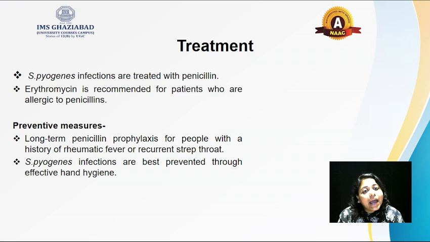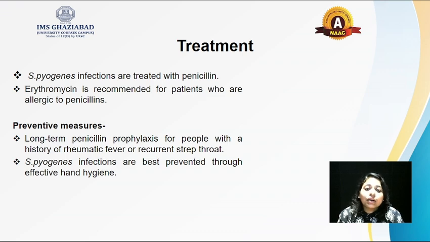So basically, as it was an introductory lecture, we just had the introduction about streptococcus. What is a streptococcus? It is a gram-positive bacteria which is cocci shaped and arranged in a chain form. Then the classification: the morphology, the classification based on oxygen requirement, then hemolysis, and then Lancefield classification.